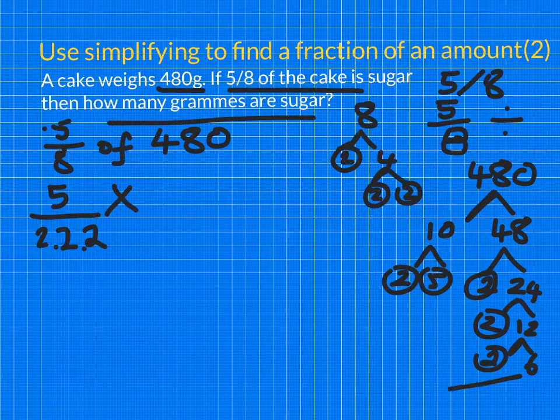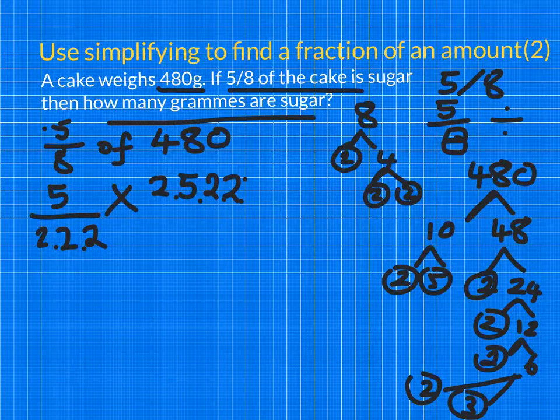And 6 can be 2 times 3. So 480 can be broken down as 2 times 5 times 2 times 2 times 2 times 2 times 3.